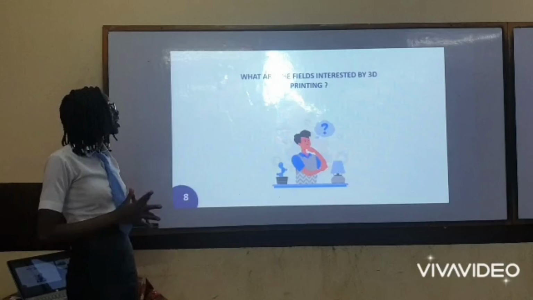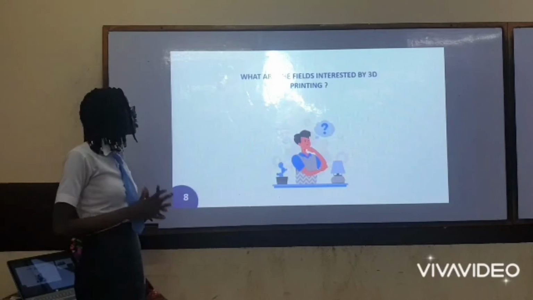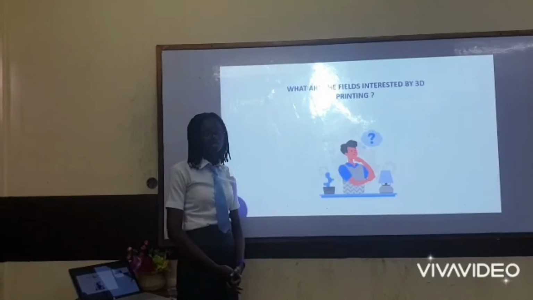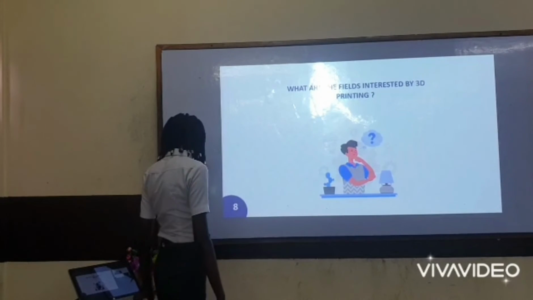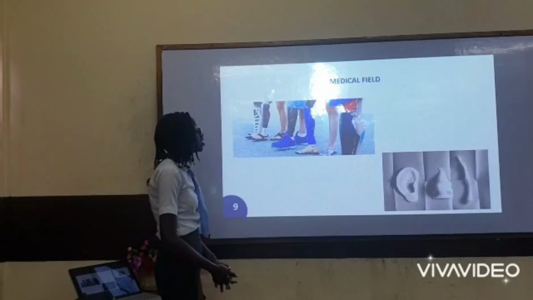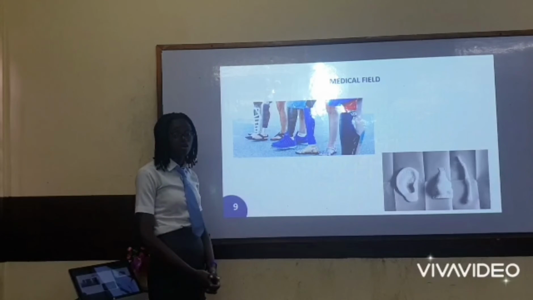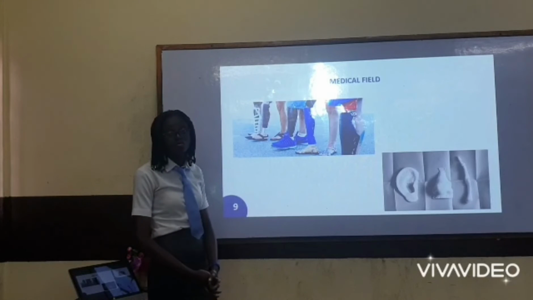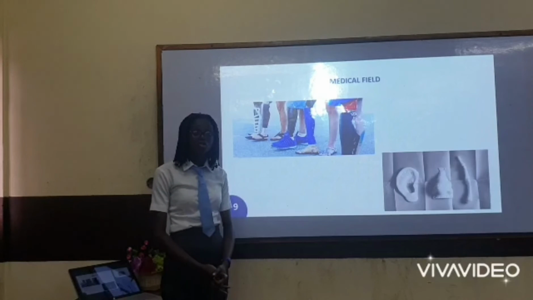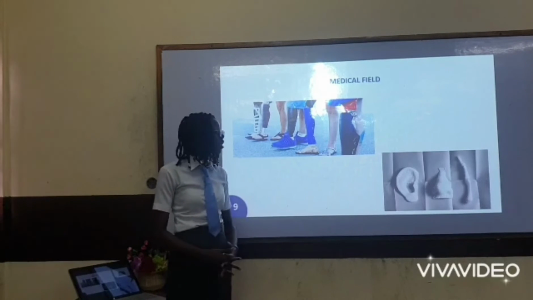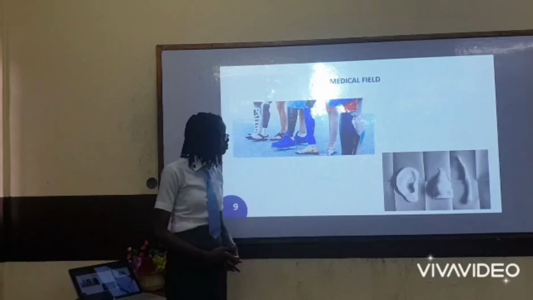Next, what are the fields interested by 3D printing? The first field is the medical field. Actually, doctors are using 3D printers to make new arms, new legs, or new feet for patients, which fit perfectly to the patients who need them.